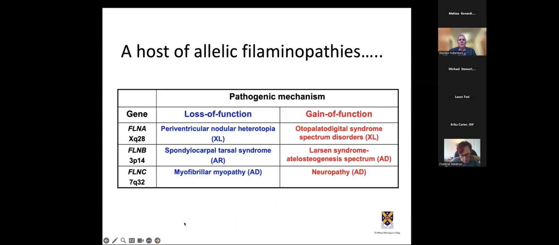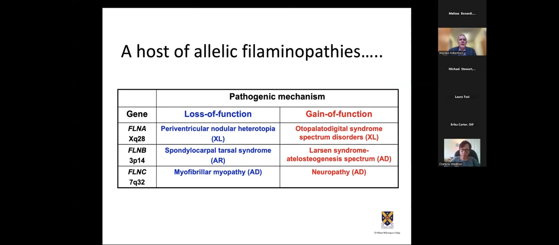So our host of allelic filaminopathies, what I like to call the spectrum of disorders which go under that broad rubric filaminopathies, is summarized on this slide. You can see the X-linked filamin A has both a loss of function and a gain of function set of conditions, and a lot of my talk this morning is going to be on the gain of function conditions. Filamin B leads to 2 skeletal dysplasias, which I'm also going to talk about.